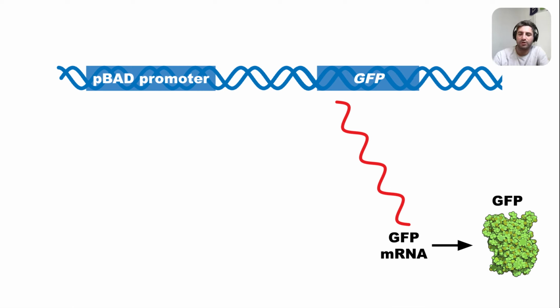And that pBAD promoter is going to be activated when arabinose sugar is present in the petri dish. And as a result of that pBAD promoter getting activated, the GFP gene is transcribed and then translated into GFP protein, and the bacteria will glow green.